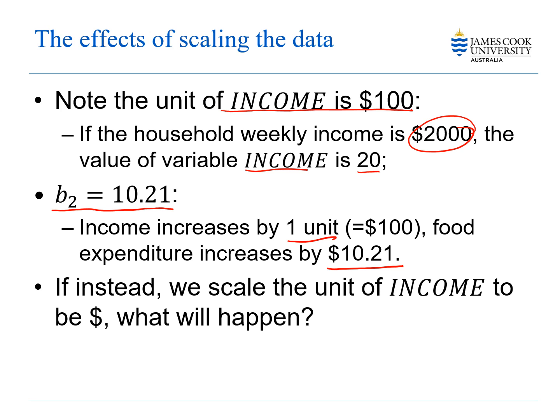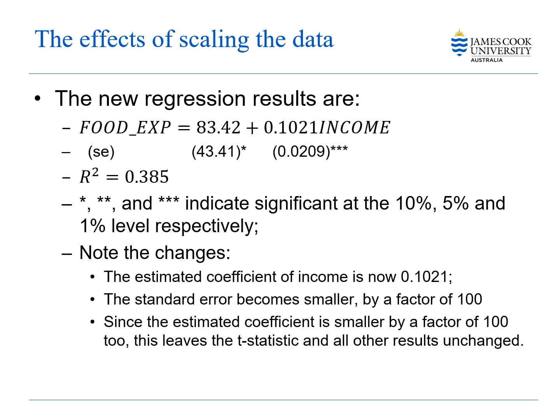Now, if instead we scale the unit of income to be dollar rather than $100, what will happen? We can do this. We run the regression, and here is the new regression result.